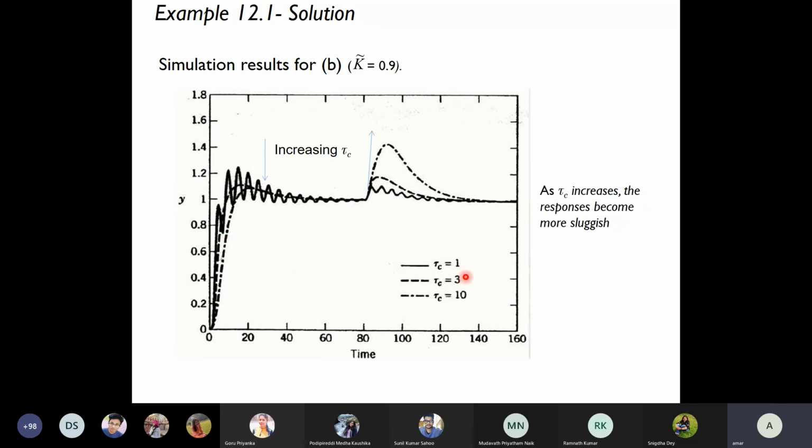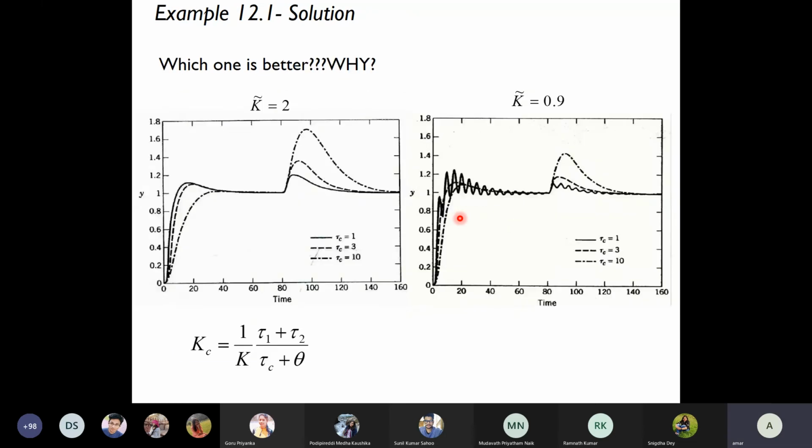But if you look at tau c 3, the response is more or less quite smooth. So in a sense, if you look at the two cases, in one case the controller is designed based on k hat equal to 2, in the other case it is designed based on k hat equal to 0.9.